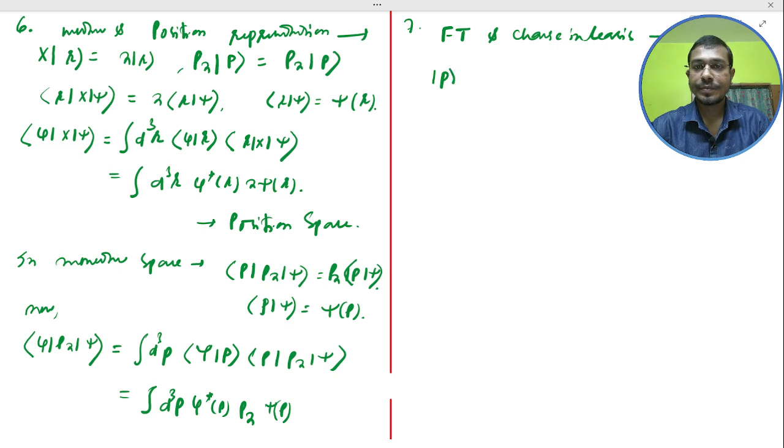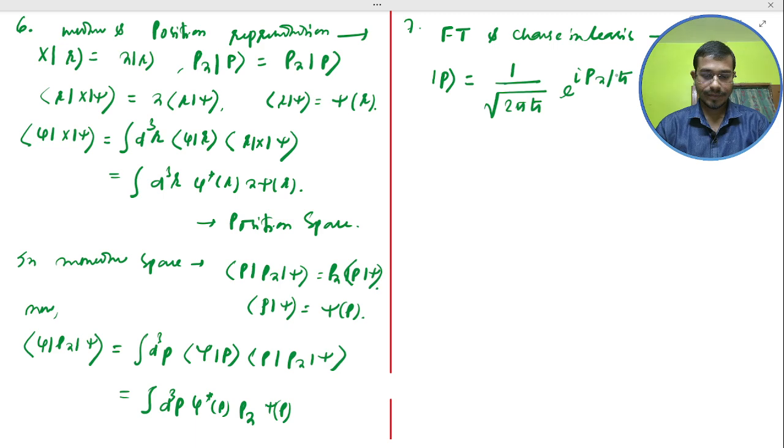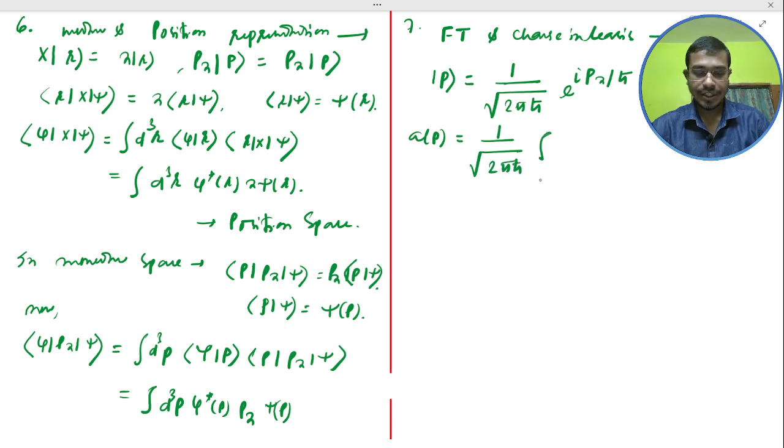Suppose ket p is 1 by square root of twice pi h cross, exponential i px by h cross, and it should become a(p) is equal to 1 by square root of twice pi h cross integral minus infinity to infinity ψ(x) e to the minus i px by h cross.